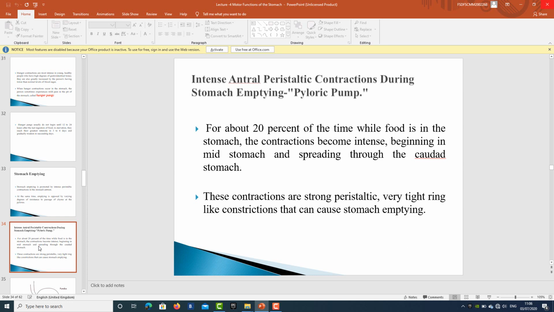For about 20% of the time while food is in the stomach, the contractions become intense, beginning in the mid-stomach and spreading through the caudal stomach, or the lower portion of the stomach. These contractions are strong, peristaltic, very tight, ring-like constrictions that can cause stomach emptying.